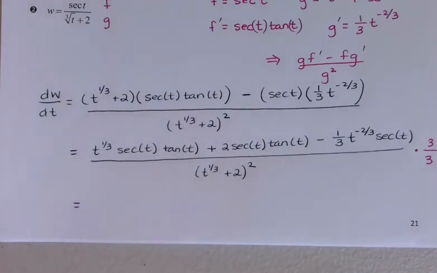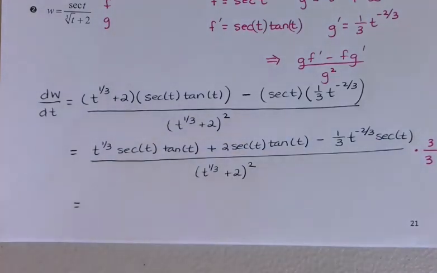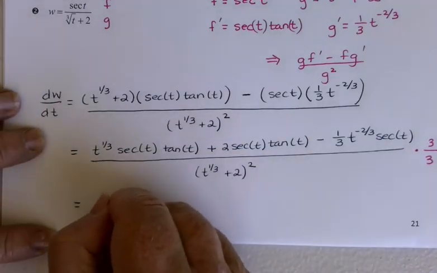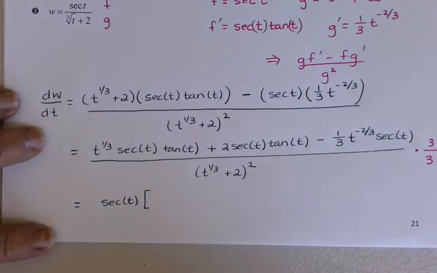If I'm going to do that, let me do one other thing at the same time, just to show you an alternative notation. I also can notice that secant t is in all of these terms. So just for fun, let's go ahead and factor out secant t from that numerator.